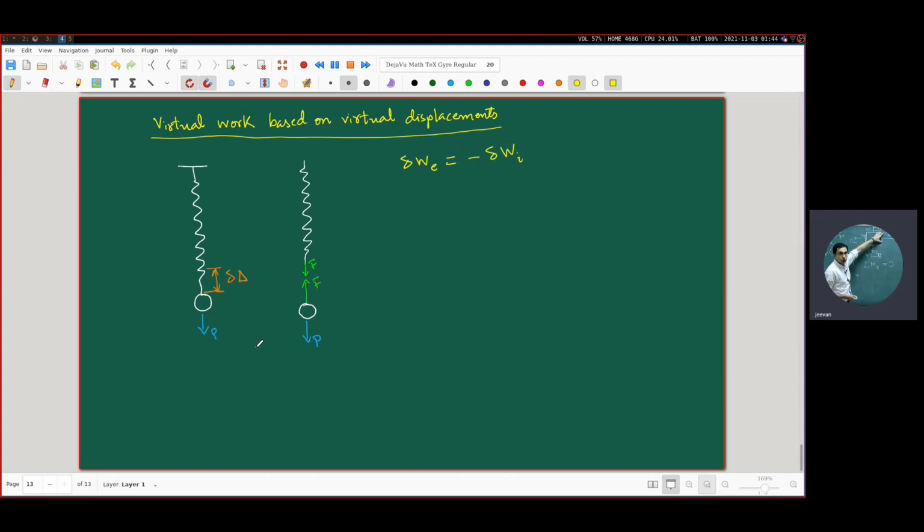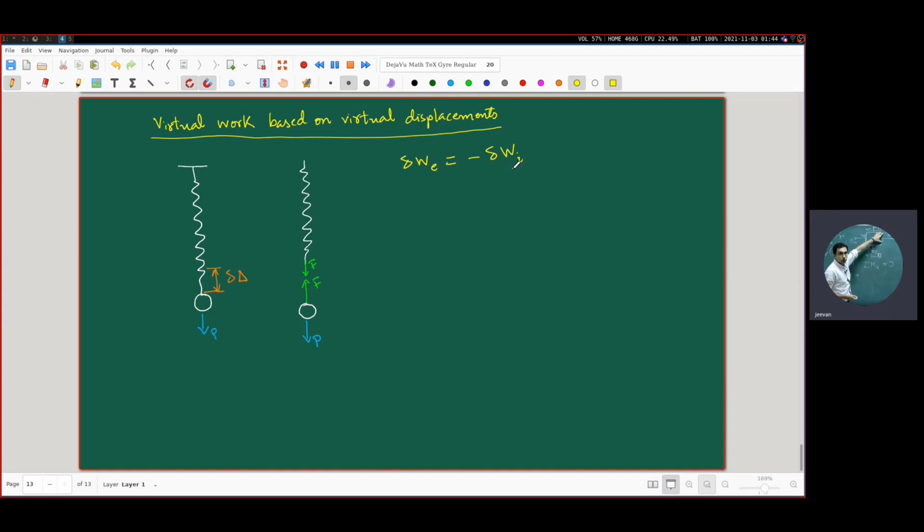As mentioned a bit earlier, this delta represents the virtual nature of the displacement here. Similarly, this delta in front of the WE represents the virtual nature of the work done here. Similarly, this delta represents the virtual nature of the work done here. On the left hand side, we have the virtual work associated with the external forces.